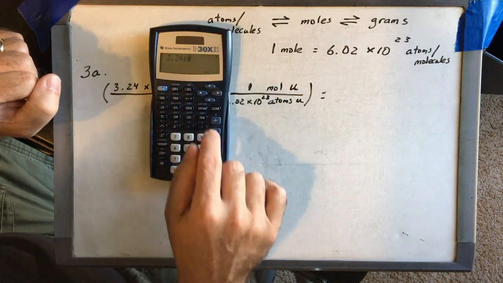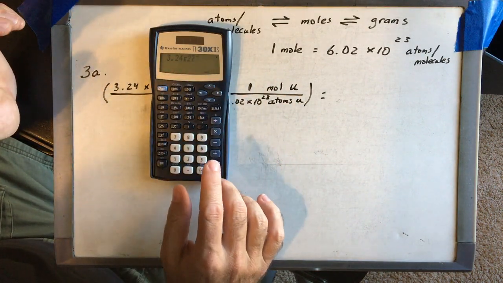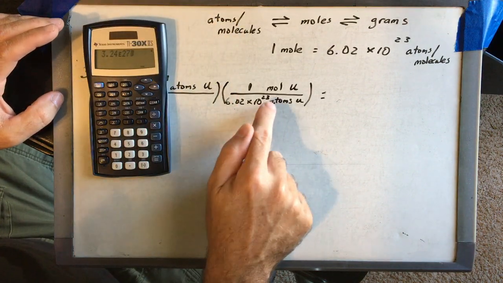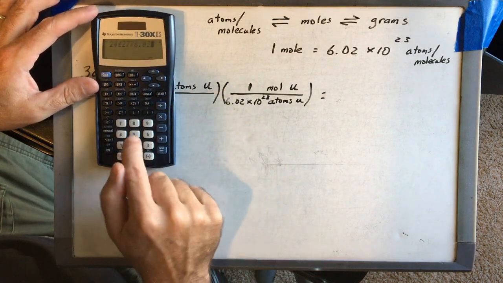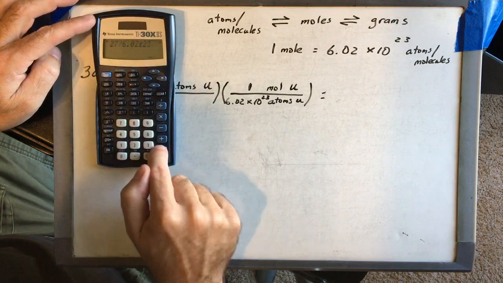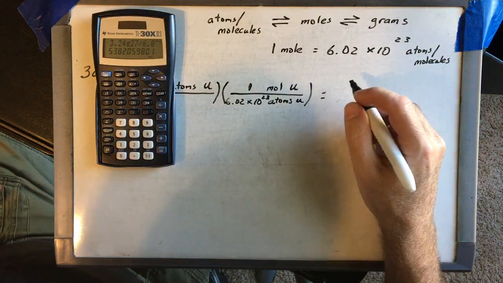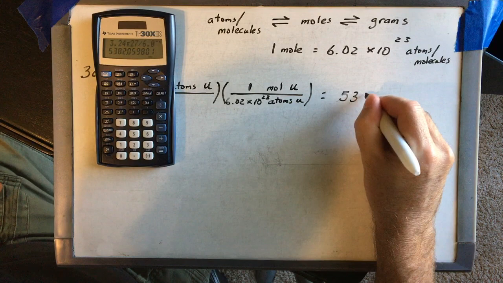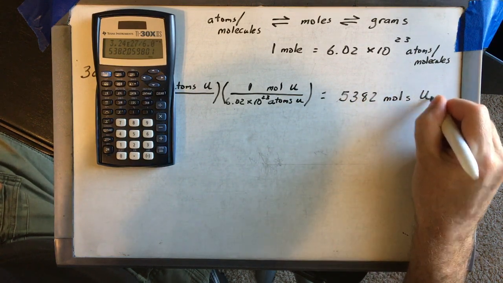So mine says 3.24E and then 27. That's the same thing as times 10 to the 27. Now, since 6.02 times 10 to the 23rd is on bottom, then we divide. So divided by 6.02, second function, double E, 23rd. All right, and if you do that, you'll get 5,382 moles. And that's uranium.